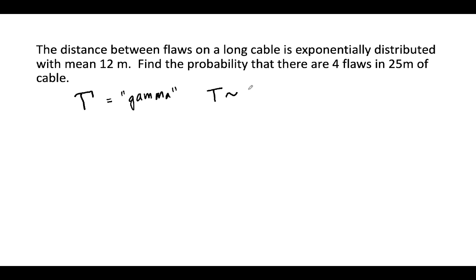It doesn't have to, of course, it's just a variable. All right, so T is gamma(r, lambda). Now the lambda here is the same lambda from the exponential function.